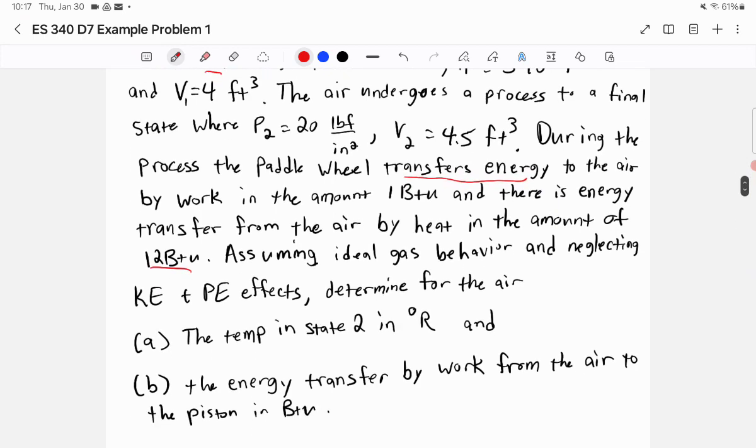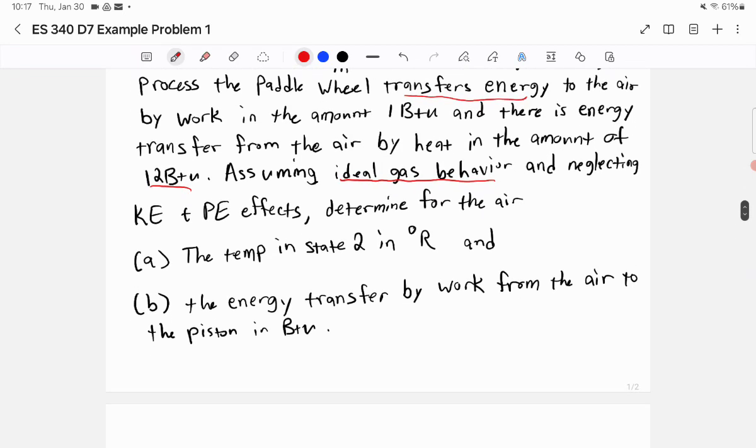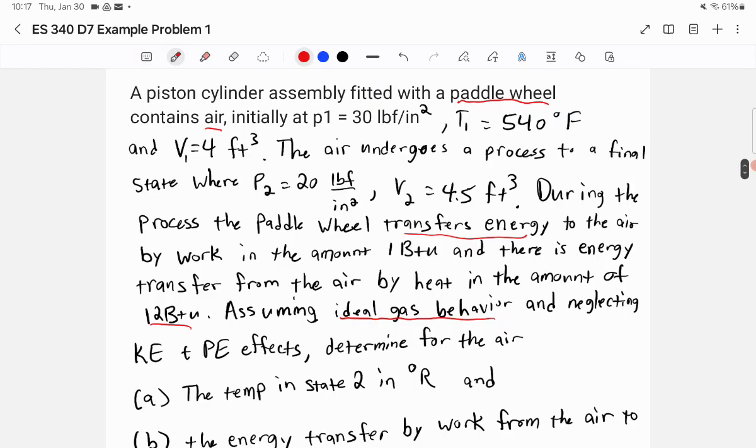So assuming ideal gas behavior and neglecting, this is going to be a key part, assuming ideal gas behavior and neglecting kinetic energy and potential energy effects, find first the temperature in state 2 in degrees Rankine and the energy transfer by work from the air to the piston in BTU. Now note, a key thing is that we can assume ideal gas behavior.